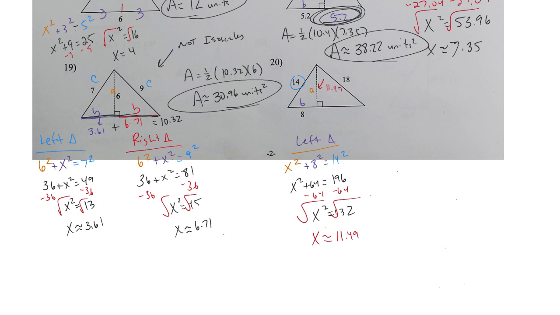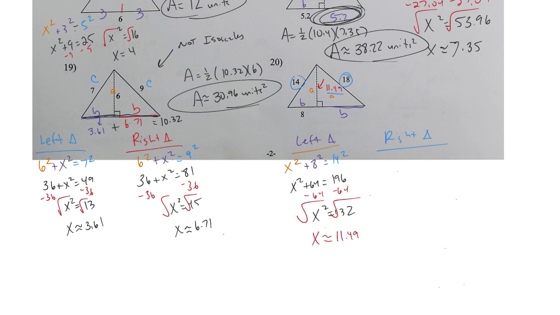Now for my right triangle, I can use that new height. I can use C to find the missing base. So we'll call that A. We'll call the missing base right here B. And we'll use C as 18.